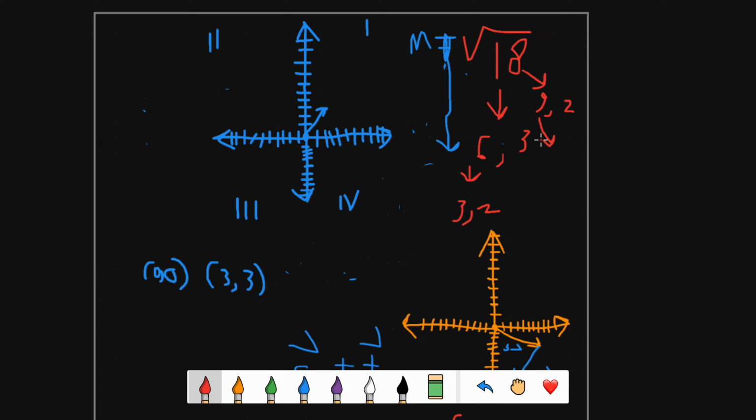This could be factored as 3 and 3, but this is different. This has 2, this has 3, but it's okay to use. So originally you do 3 square root 2. That's how you get the answer. So that's the answer.